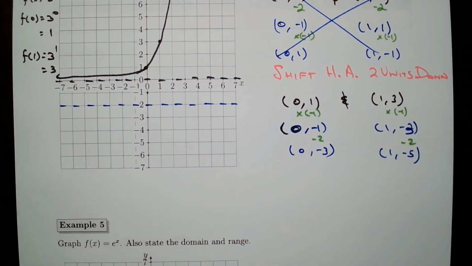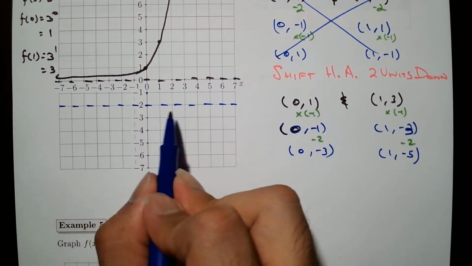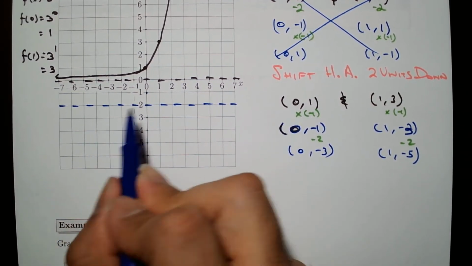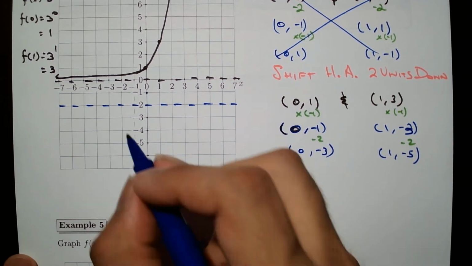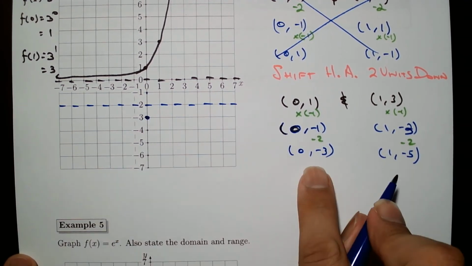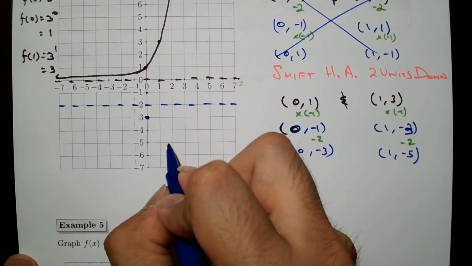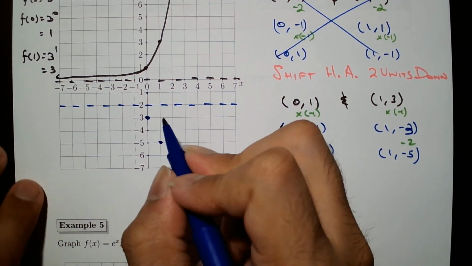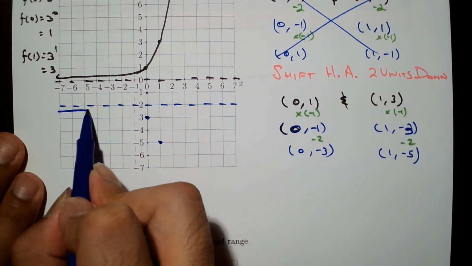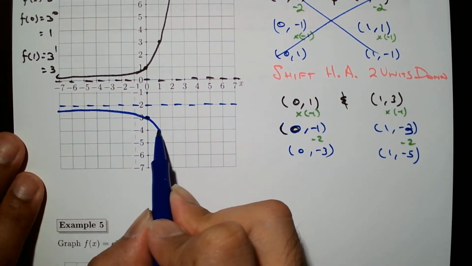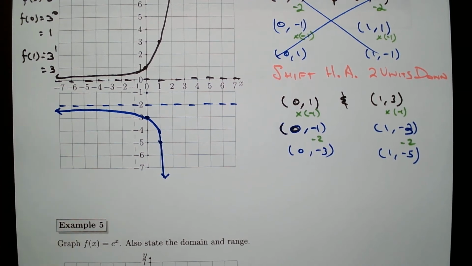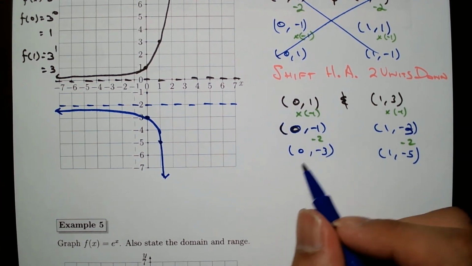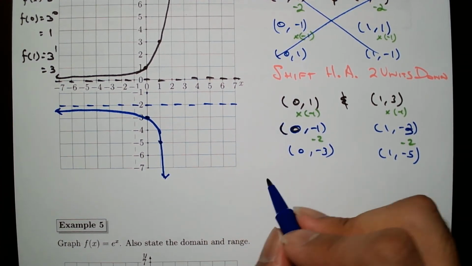That's going to make more sense with the graph because it has to go below the horizontal asymptote. Otherwise, it's not going to get the correct answer. So (0, -3), that's actually the y-intercept, and (1, -5). And in this case, notice the shape of the graph. This is going to be a game changer when finding the domain. So what do we have?